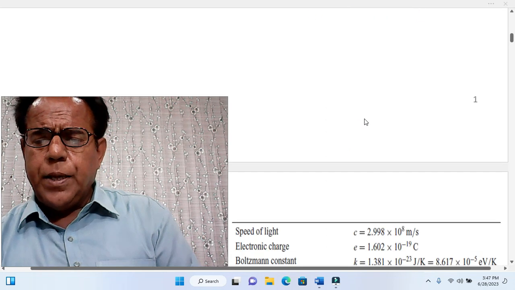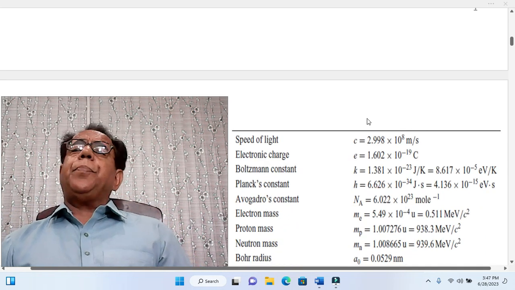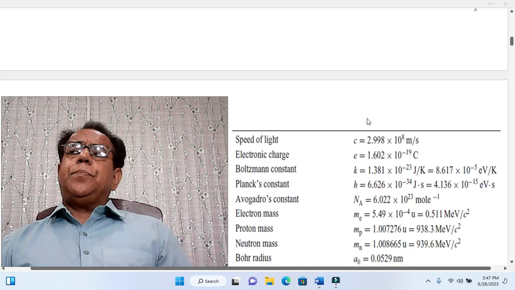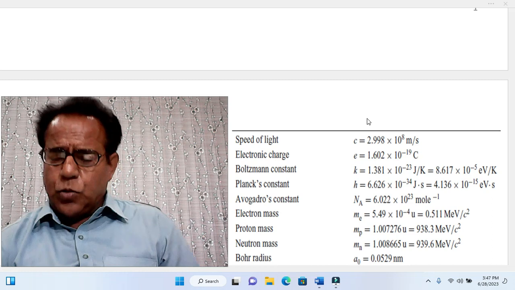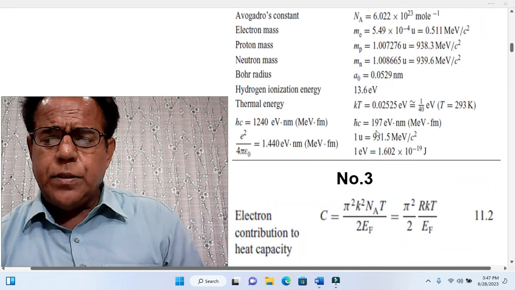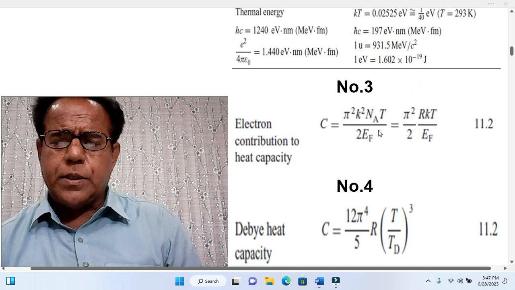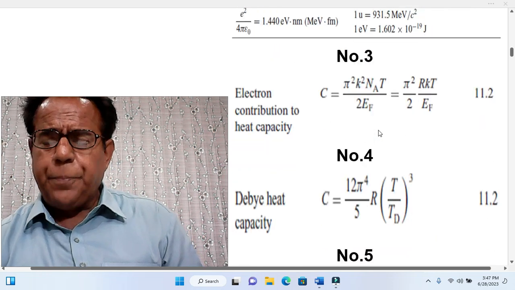Tool number 2 is a comprehensive table in which many physical constants have been given. We may use several values from this table for the purpose of this problem.